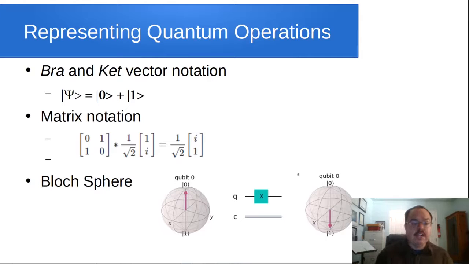So the second notation, matrix notation, is actually the most common. All these gates that I'm going to show you, all these operations, can be reduced to a linear algebra form. Now it's a little trickier than regular linear algebra in that these can be complex valued pairs. But for me, since I've done linear algebra, the matrix notation is the easiest one to understand and just see, okay, this is how this works.